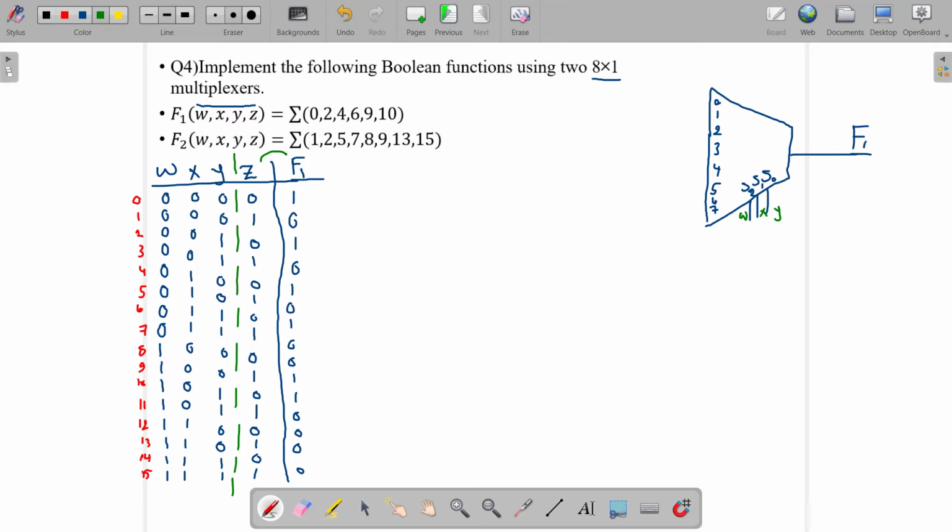So we compare the F1 with the Z to find each of the outputs. But how? We said that we divide 2 by 2 in this form.